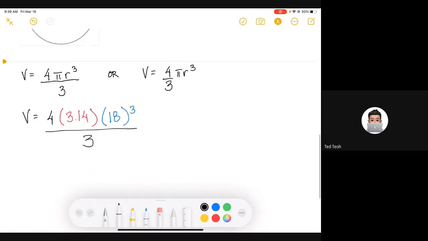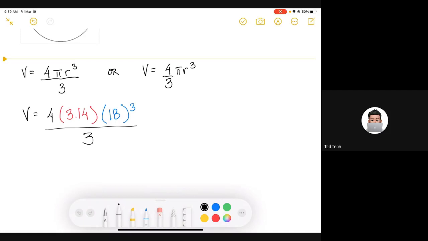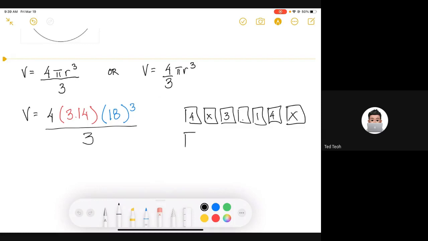Some of you might have trouble finding the cubed button on your calculator. Some calculators have a cubed button, some don't. So you're going to be typing in 4 times 3.14 times 18 cubed.